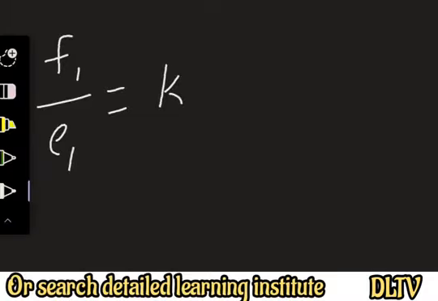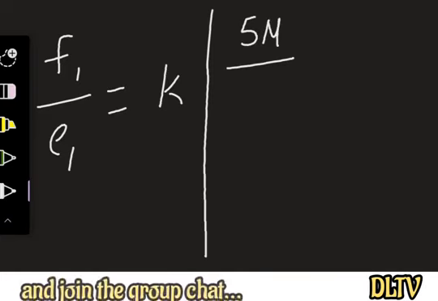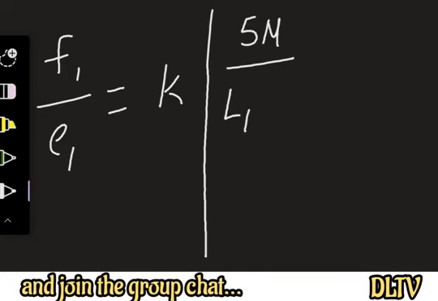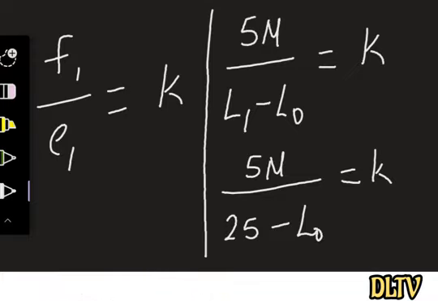So F1 was given to us as 5 Newton, and then the extension E1 is L1 minus L0, and this gives us K. So let's just put the values again. F is 5 Newton all over L1, which is 25 minus L0. This gives us K.